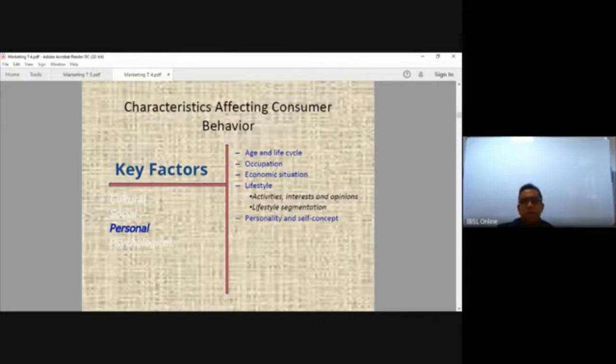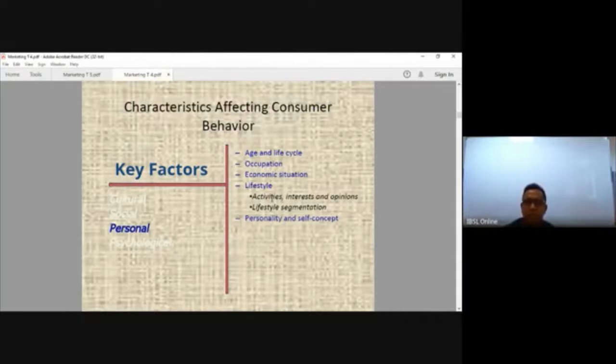Economic situation, life cycle, lifestyle. What type of lifestyle you have: there are some people who are introvert type, they don't go out, but there are some people who are very social and they go out to parties, they travel around, and they go and eat in hotels every night.